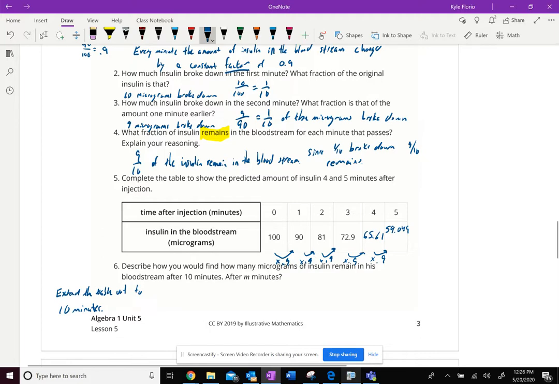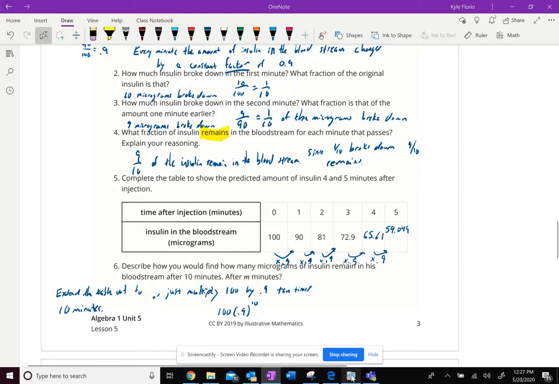What we're really doing is taking the original amount, 100, and multiplying it by 0.9 a bunch of times. If I wanted to do it for 10 times, we're multiplying by 0.9 10 times. In other words, it's 100 times 0.9 to the 10th power, because you multiply 0.9 by itself 10 times.